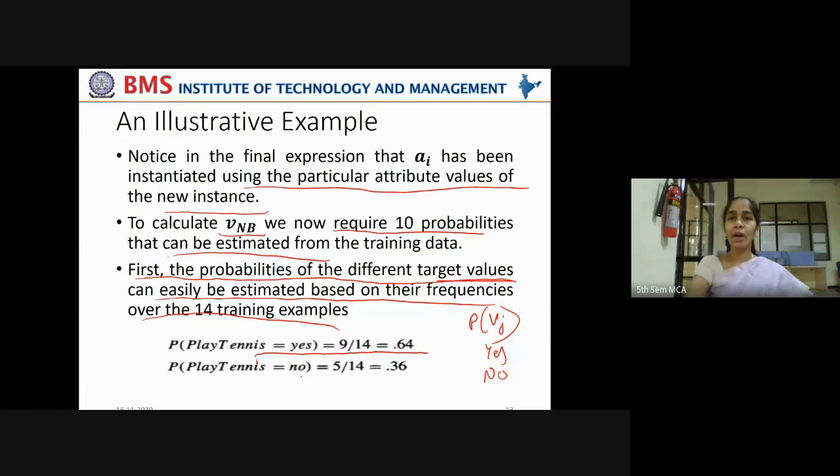Now the probability of the outcome label no is 5 divided by 14. 5 out of 14 training examples have the target label as no. Right? So 5 by 14 is 0.36.